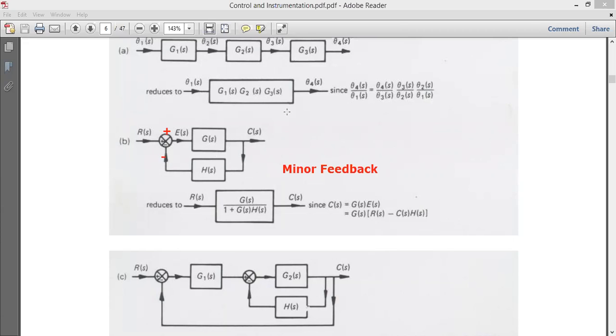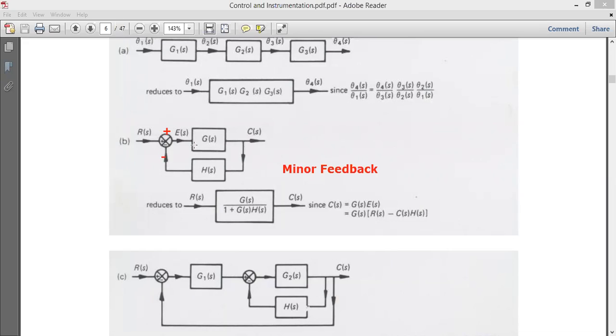If you find such a loop while solving block diagrams, you need to have one standard form of derivation, which is also called the canonical form. Canonical means each element should be equal to 1, or the block diagram should have at least one element of each representation, like one G of S, one H of S, one R of S, and one C of S, one takeoff point and one summing point.